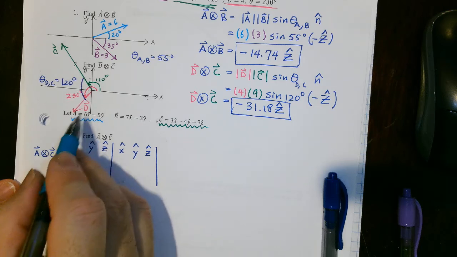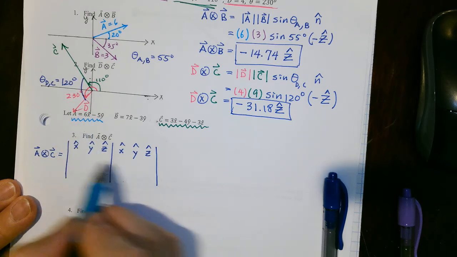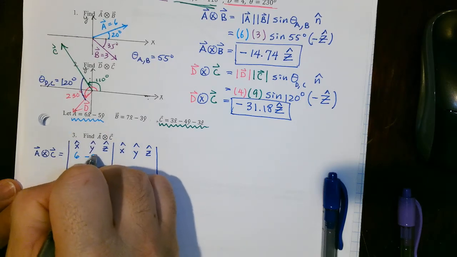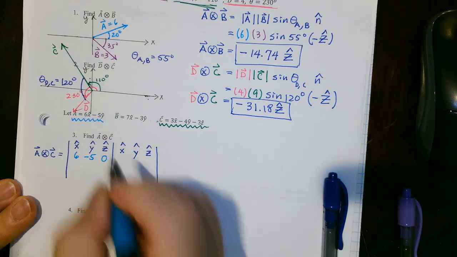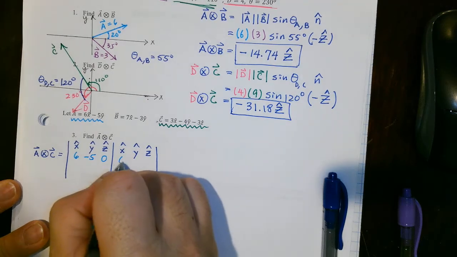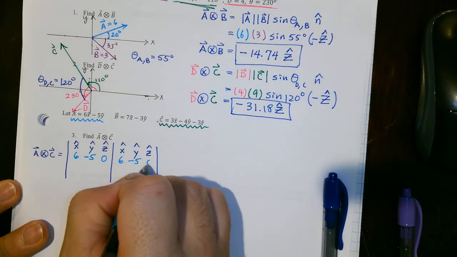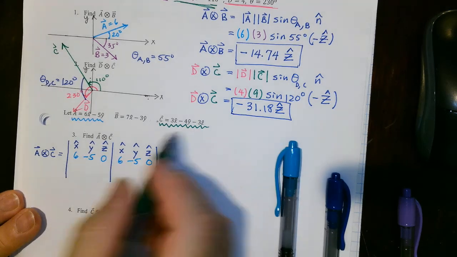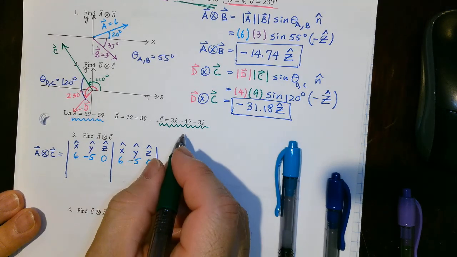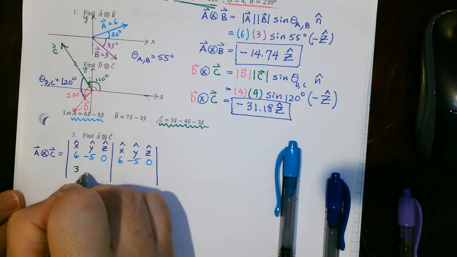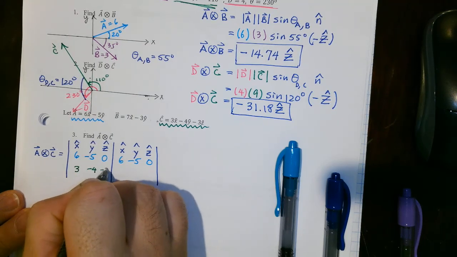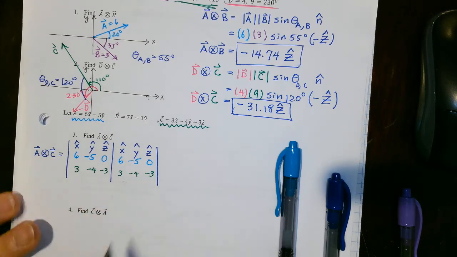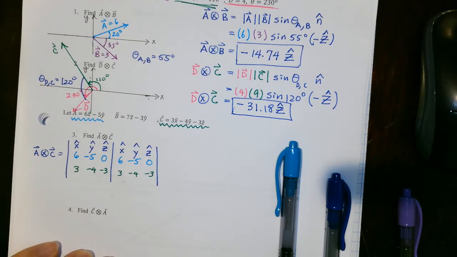So here for my A cross C, I'm going to put the A vector first, which is 6, negative 5, and the z is 0, right? 6, negative 5, 0. And then for my C vector, it is 3, negative 4, negative 3. Okay?